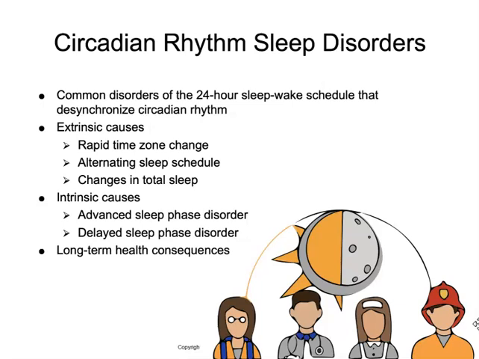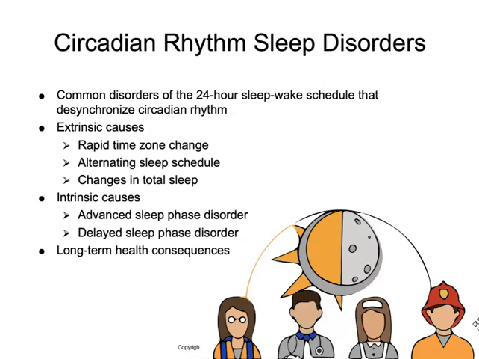And then our intrinsic causes would include advanced sleep phase disorder, where people are going to feel the need to sleep and wake much earlier than usual, and also delayed sleep phase disorder, where the sleep is delayed and the person is going to struggle to fall asleep until very late.